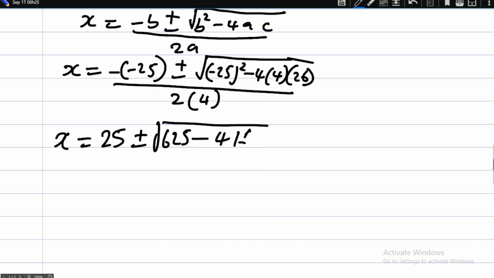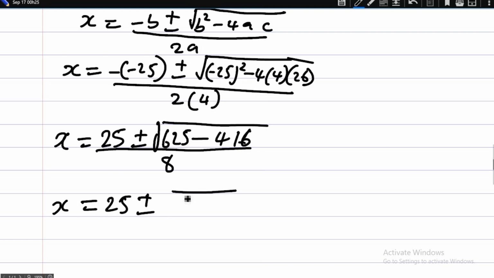Okay, then everything over 8. So therefore I'm having that x is equal to what? 25 plus or minus the square root of 625 minus 416, which is square root of 209, then everything over 8.